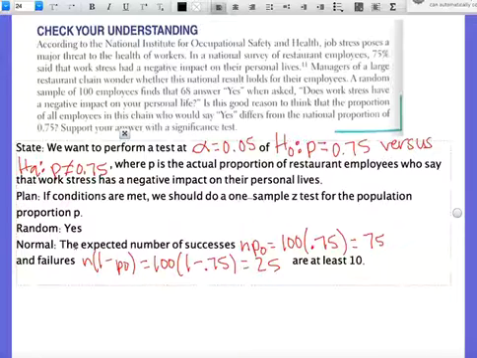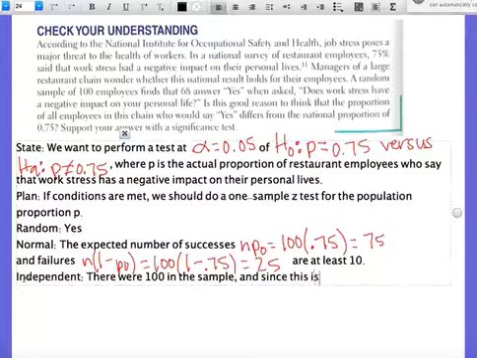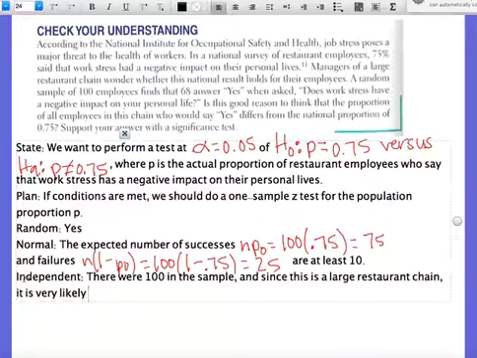So we move on to independent. So we would say there were 100 in the sample, and since this is a large restaurant chain, it is very likely that there are more than 1,000 workers in the population, so that would come from 10 times 100.